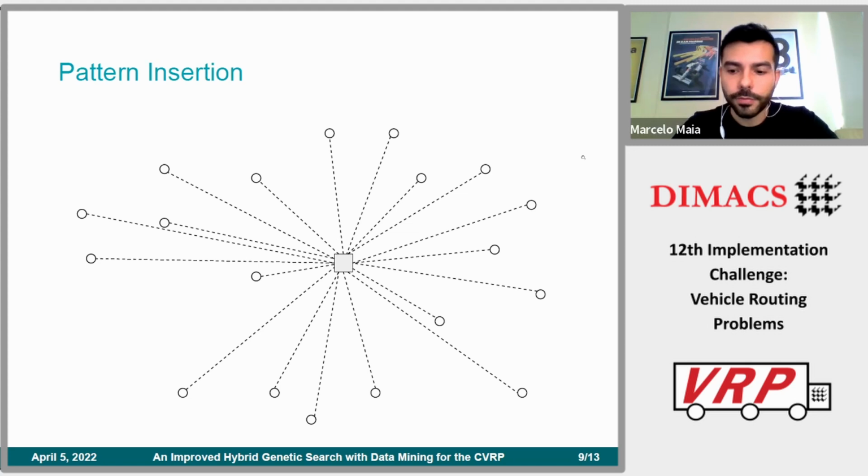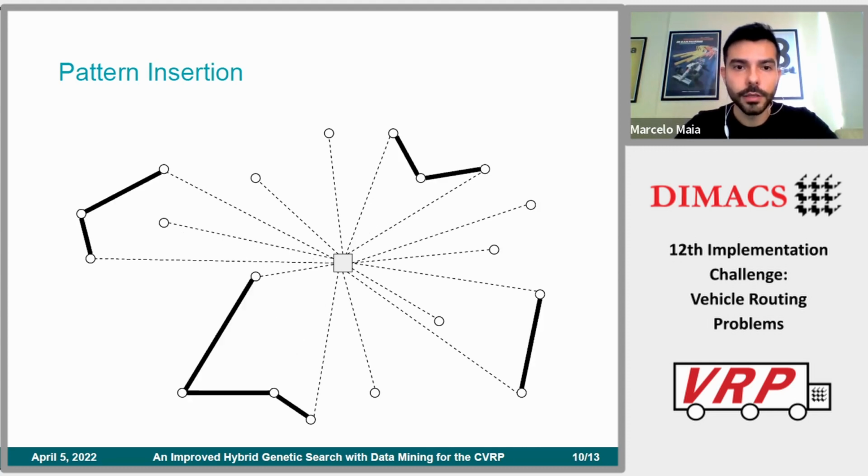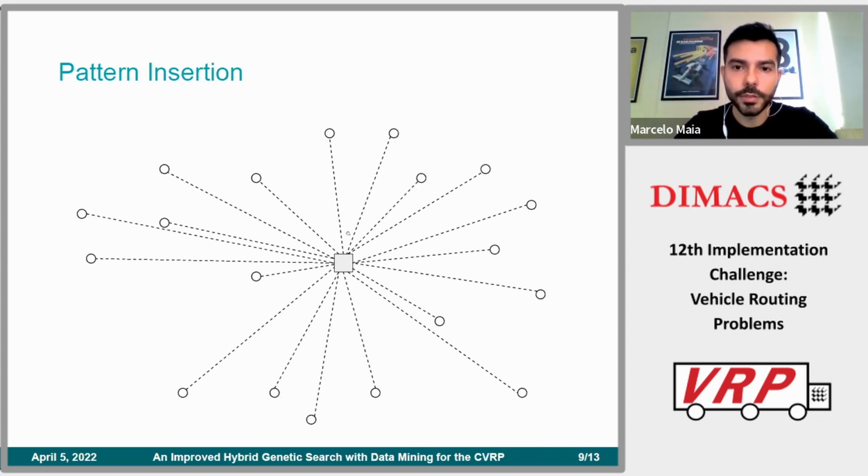Now, once we have a pattern, which is a set of paths that we believe are good paths, paths that characterize good solutions, then we initialize routes corresponding to these paths that are in the pattern. And the remaining customers are assigned to separate routes as usual. And the Clarke and Wright savings algorithm will start from this state instead of this state.